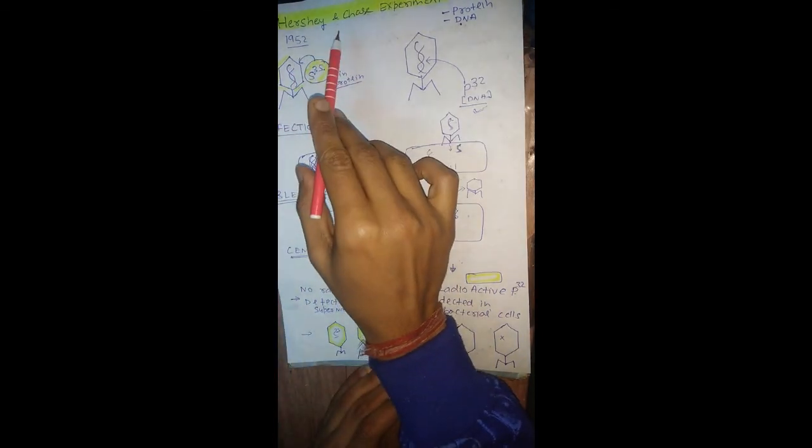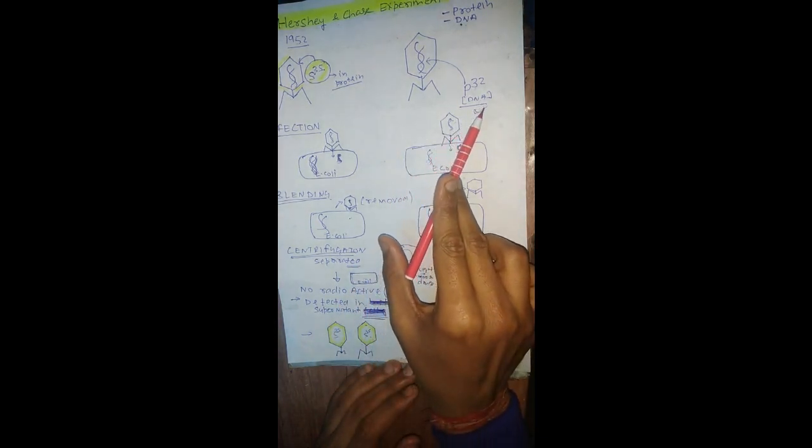So we unequivocally proved with the help of this experiment that DNA passed from the bacteriophage to our E. coli, and hence only DNA is our genetic material, not protein at all. Thank you.